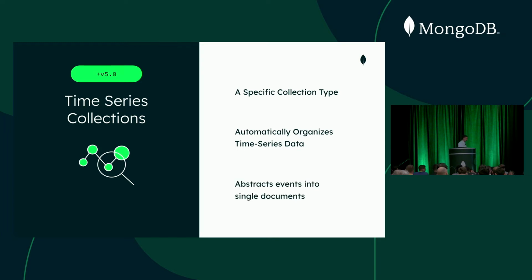From a developer perspective, it's the same as a regular collection, because you don't need to focus on the details. Basically, you do insert operations or find operations as you do in regular collections. All the things under the hood are managed by MongoDB.